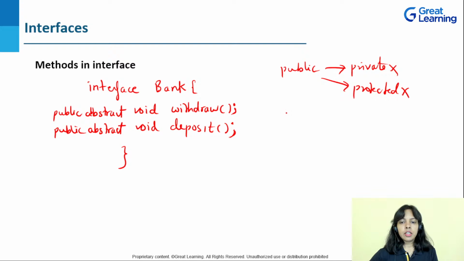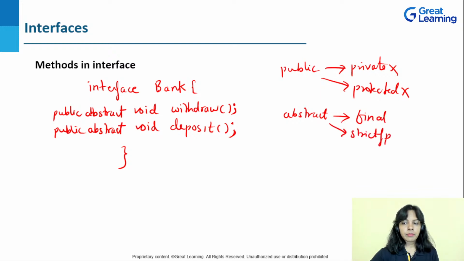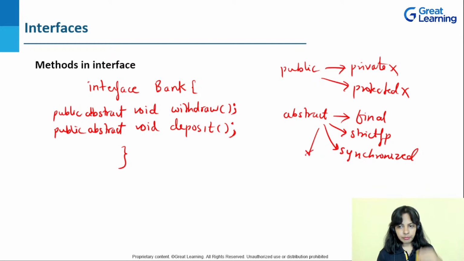Getting it? If you're using the abstract keyword, then which modifiers can't you use along with abstract? You can't use final. You can't use strictfp. You can't use synchronized. Final, strictfp, synchronized.